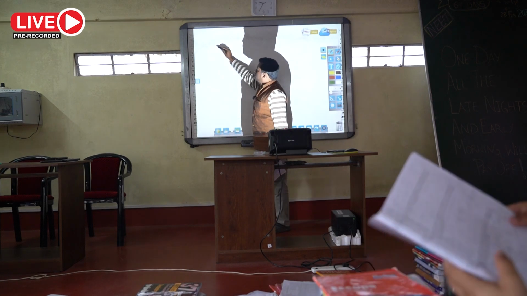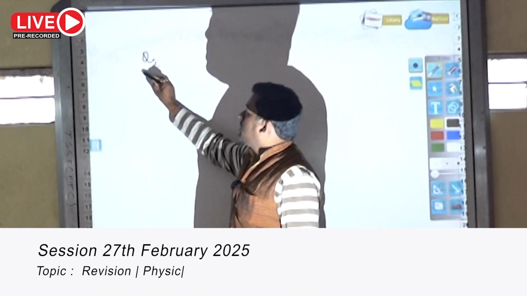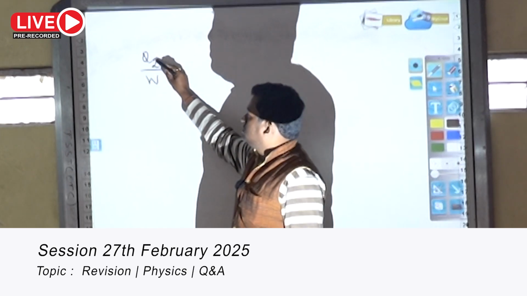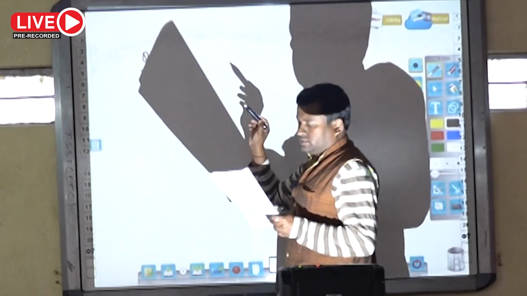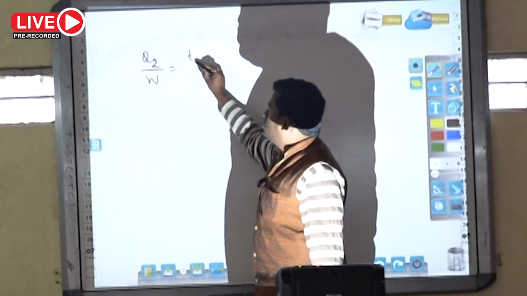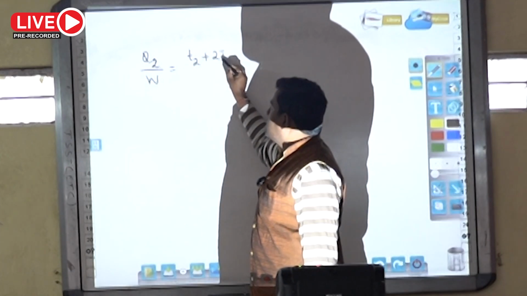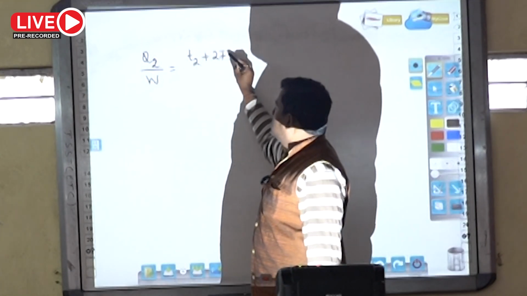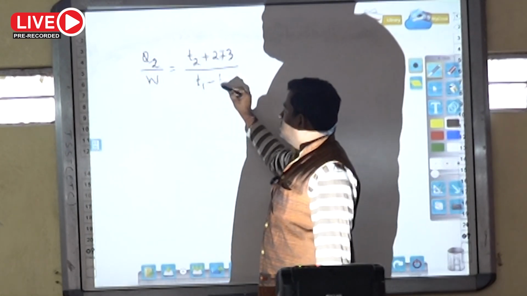Coefficient of performance, that is Q2 by W, which is called beta, that is given by T2 divided by T1 minus T2.